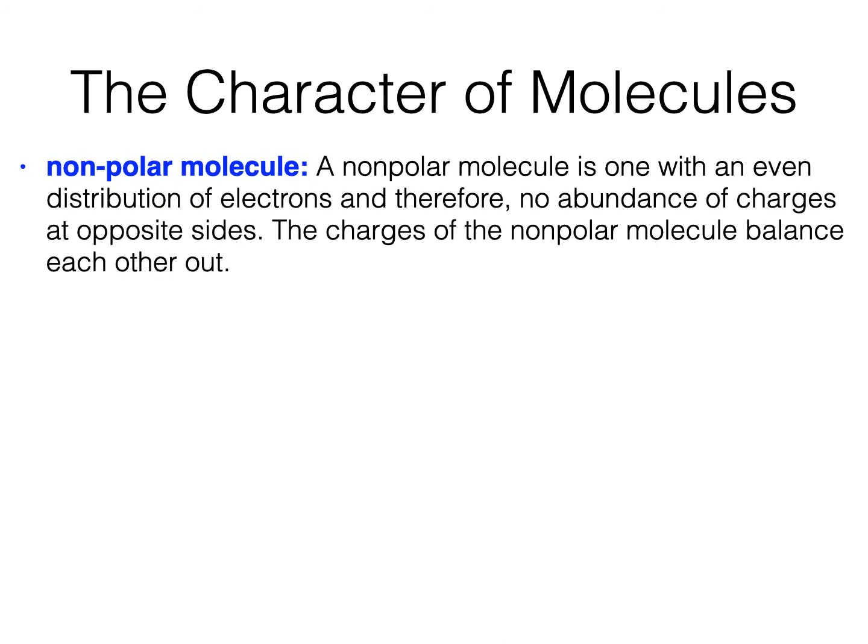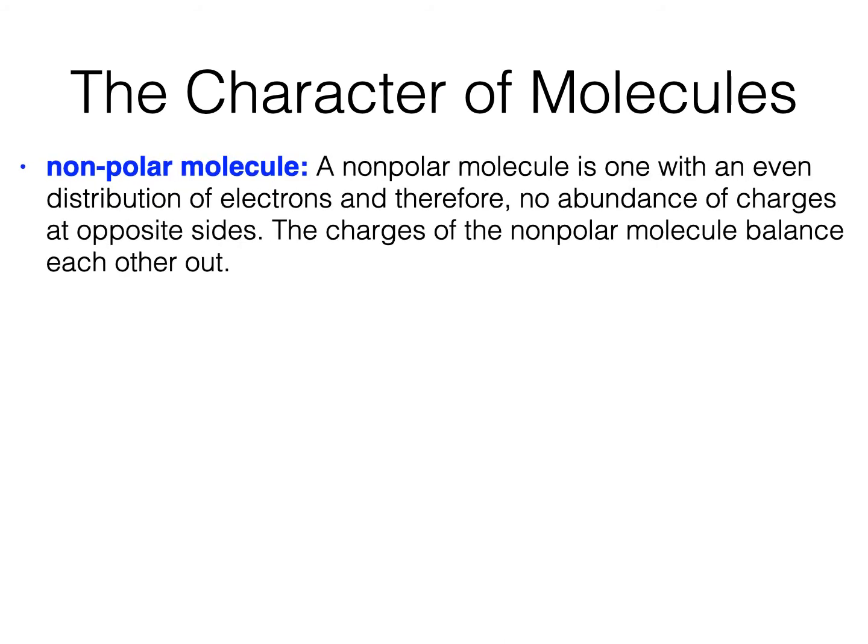Now, once you know what's going on with the bonds between the atoms that form the molecule, you can start to characterize molecules. What is their overall character, looking at the entire molecule? One possibility is nonpolar molecules.